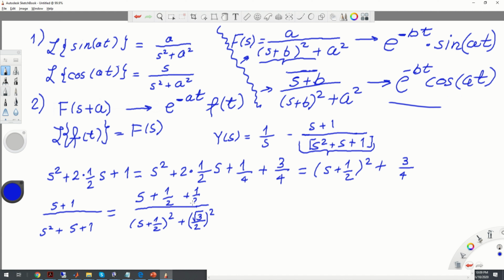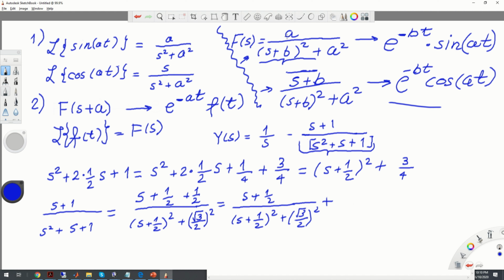Plus 1/2. Okay, and let's separate these two terms. If we separate these two terms, we have (s plus 1/2) squared plus (square root of 3 over 2) squared plus what?